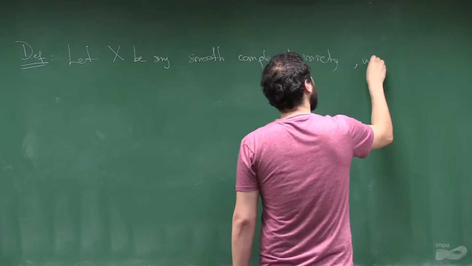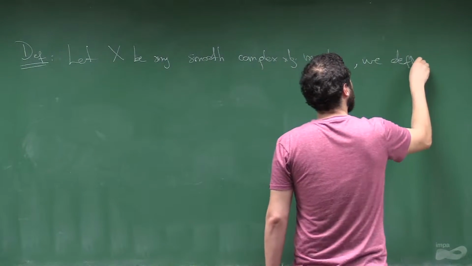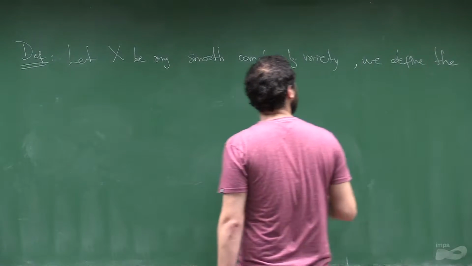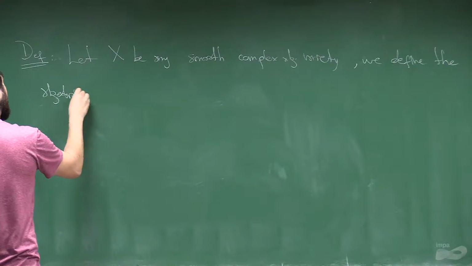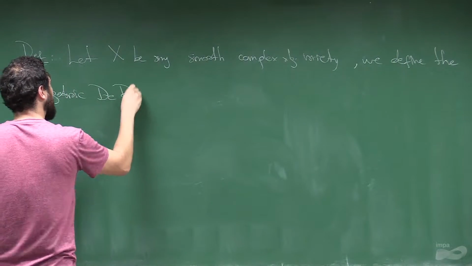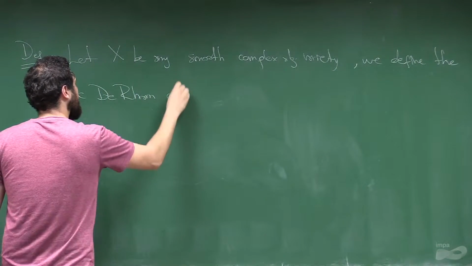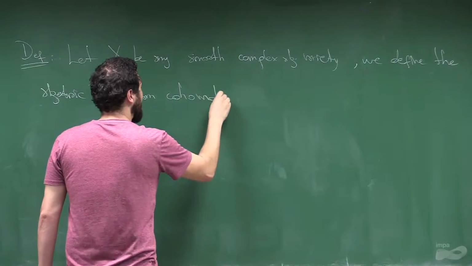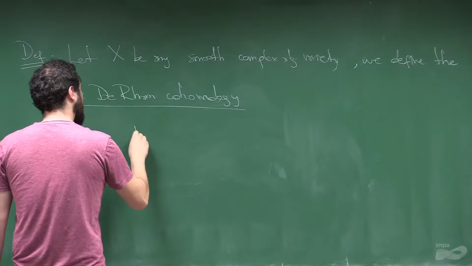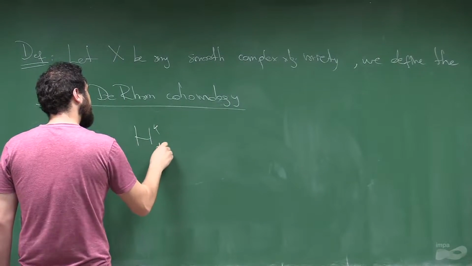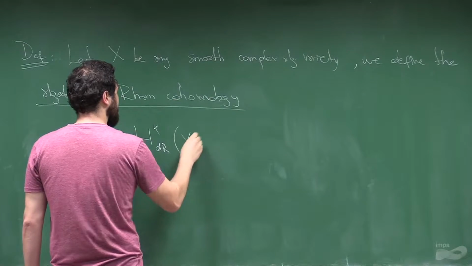And we define the algebraic de Rham cohomology in the following way.